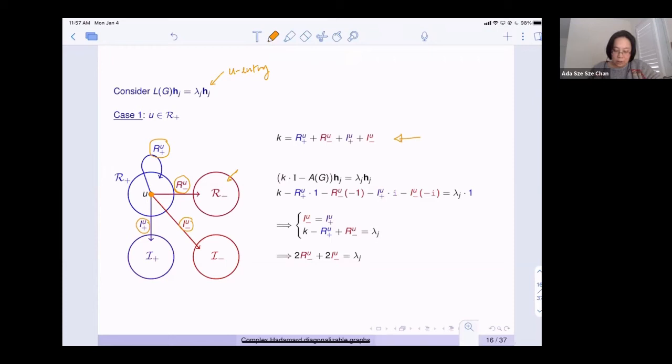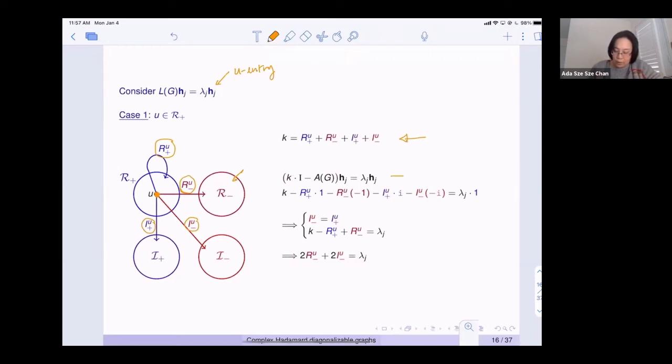Now, if I look at the u entry of this equation, L times x_j equals lambda_j times x_j, where lambda_j is the eigenvalue, I get the equation here. You just have to unpack the equation. A quick thing we can notice is that if you look at the imaginary part of both sides, because lambda_j is a real number, that immediately tells me that this part is 0, or that the 2i numbers are equal.